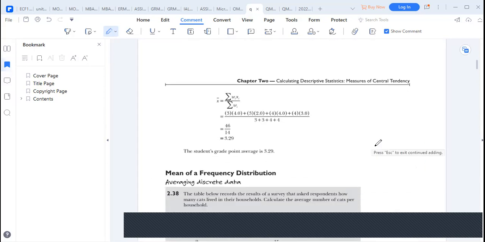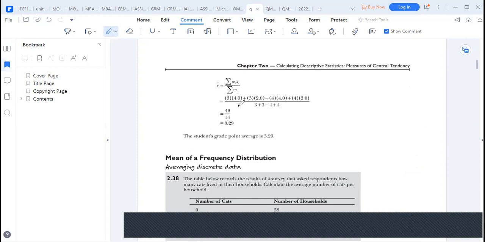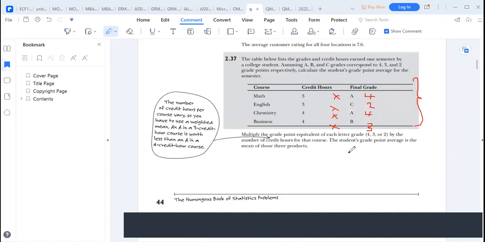Okay, then you now start multiplying: 3 times 4, 3 times 2, 4 times 4, 4 times 3, which we have here. Then you add these credit hours, not the averages. You add these credit hours, that's what you divide in.